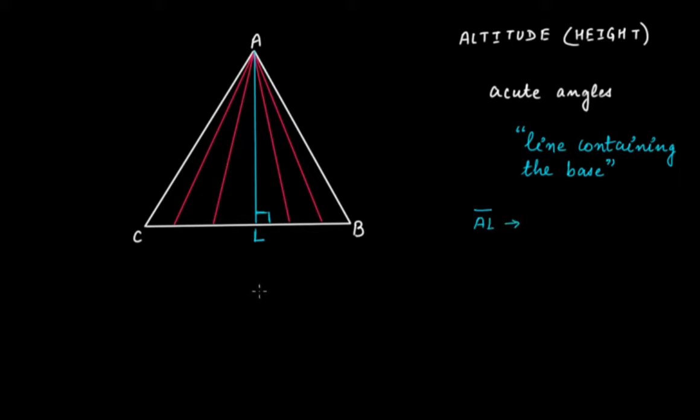Okay, and remember that unlike median, it will not always go through the midpoint of the opposite side. There are some cases where the altitude in some triangles will actually be passing through the midpoint, but there are some separate cases. Those things you will learn when you will move to higher standards.